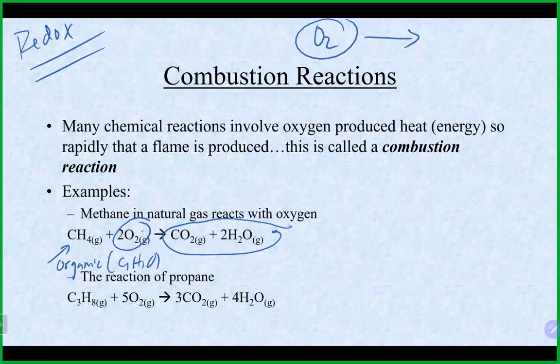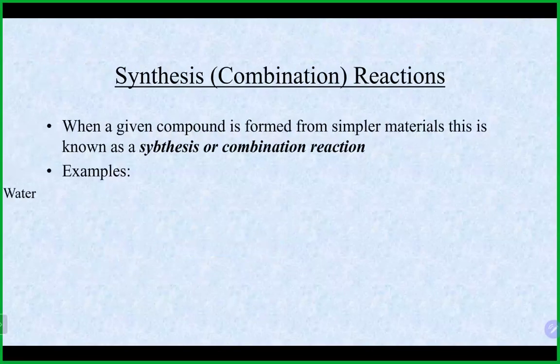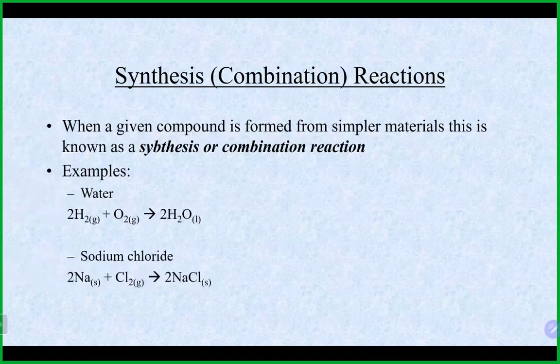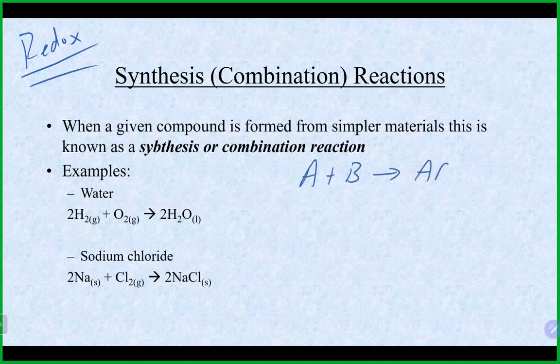Classification of redox. The next more specific classification of a redox reaction is a synthesis or combination reaction, which once again is a redox reaction. A synthesis or combination reaction is pretty much what the name sounds like. You take two things and you make one thing. So two things make one thing.